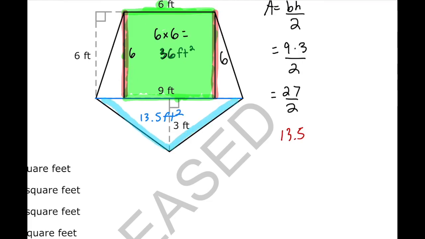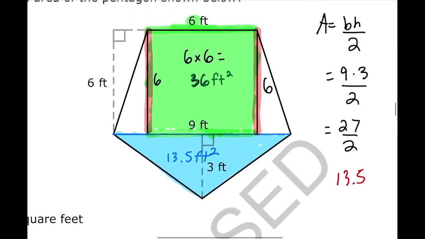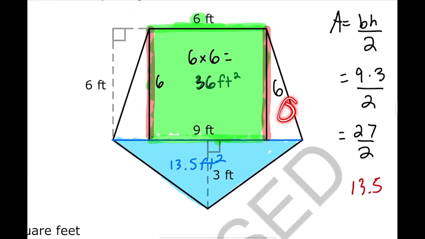So the only part that is left are those two little triangles on both sides of that square at the top. Now we could find the area for each one individually, but remember at the beginning of this year when we first introduced geometry, we said we can decompose and rearrange.